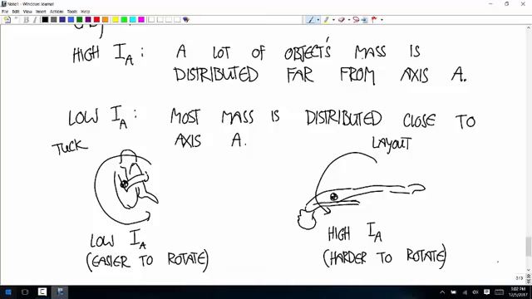So that's the mass moment of inertia, and I'm going to give you one formula here.